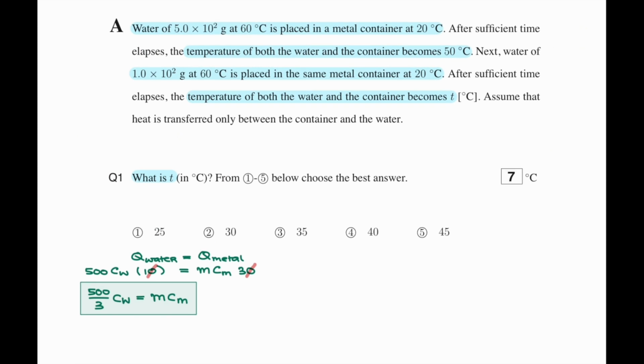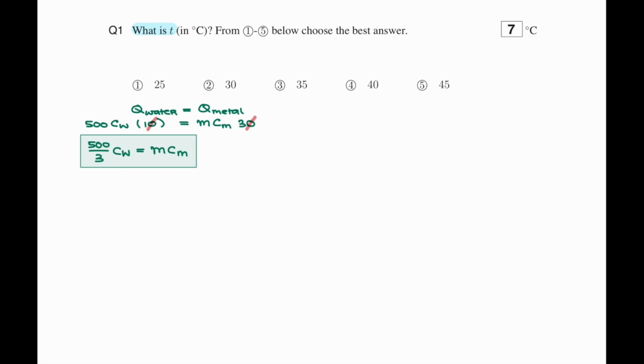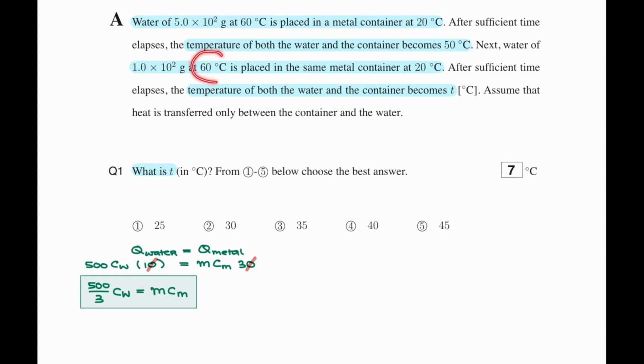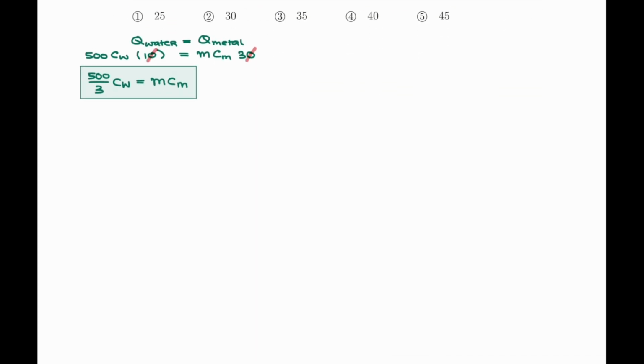For the second case, by using the same concept, as you can see here, the water has temperature 60 and then the metal container has temperature 20. That means the water will release heat, and the heat that is released by the water is absorbed by the metal. So the concept is exactly the same.